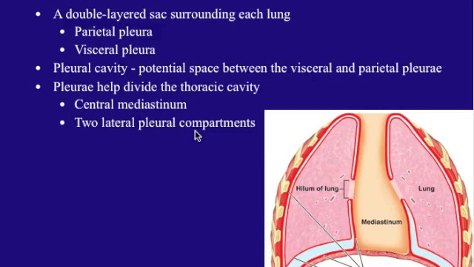The pleurae help divide the thoracic cavity into the central mediastinum and the two lateral pleural compartments. And you see a picture of something covering it. This is the pleurae covering the left and right lungs, and you see how it divides the mediastinum and the two pleural parts.